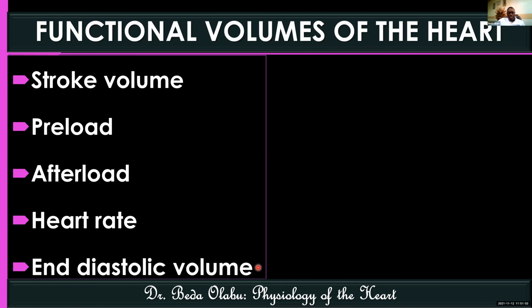The other thing I want us to define is the end diastolic volume. This is the volume of blood within the ventricles after full relaxation. The volume of blood within either ventricle after full relaxation.